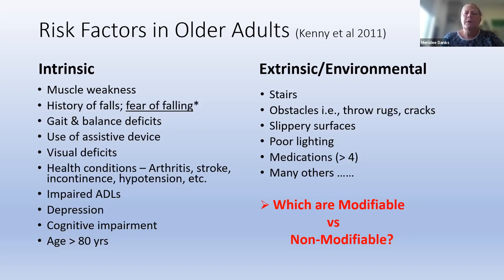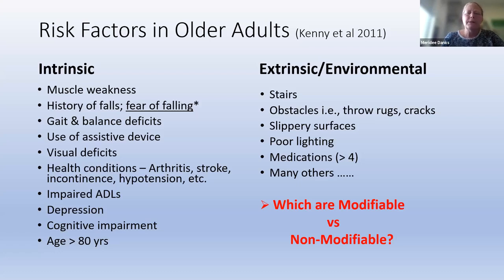So older people, when they fall, they may get hurt, they may have gone to the emergency room, they may have been hospitalized, they may have gotten a bruise. They might self-limit their activity because they don't want that to happen again. So fear of falling, we'll talk about in a few slides, but that can have a major cascading effect, which limits the person even further.